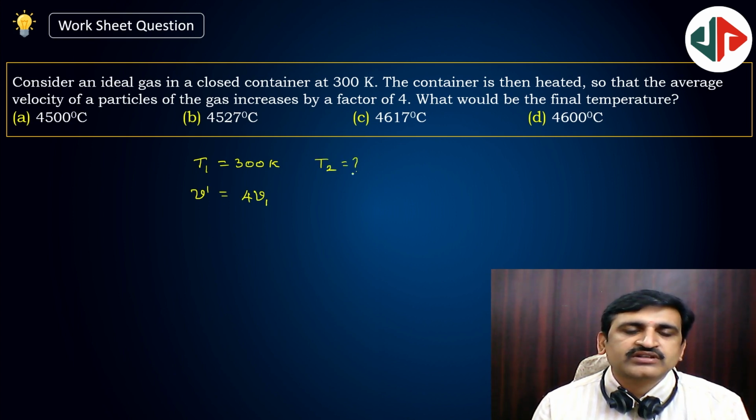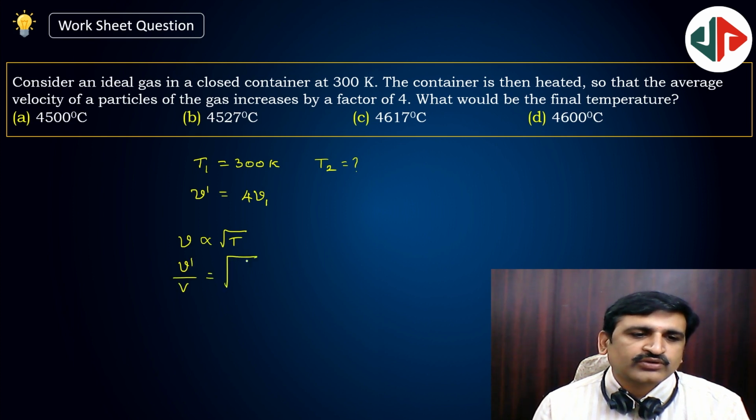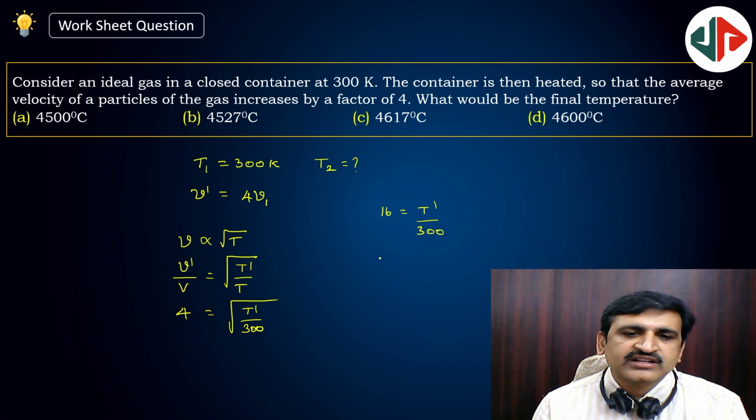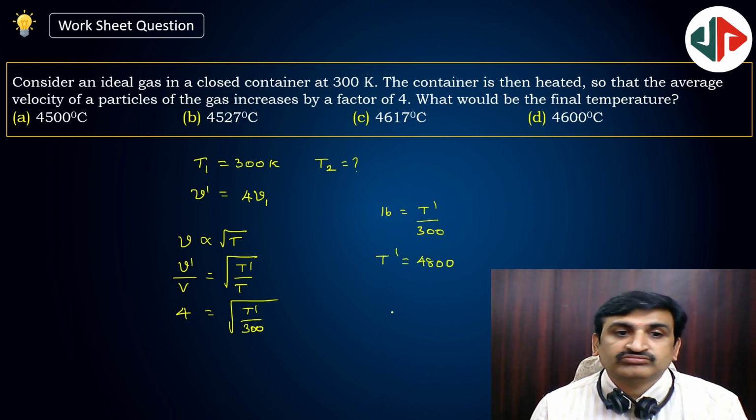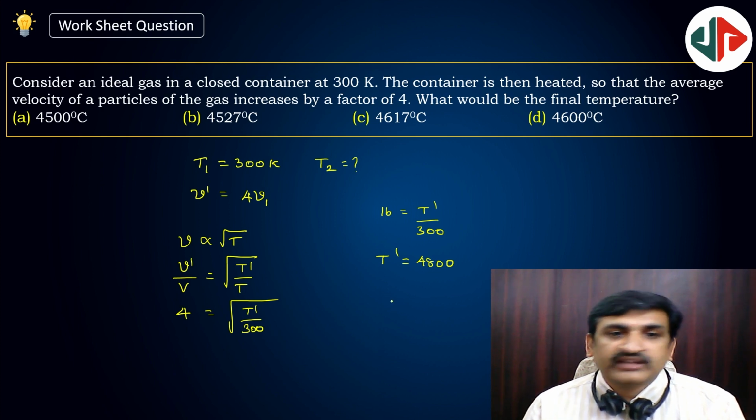See, average velocity V is proportional to root T. So V dash by V equals root over T dash by T. So 4 equals root over T dash by 300. Squaring on both sides, 16 equals T dash by 300. So T dash equals 16 times 300, which is 4800. Okay, Kelvin.